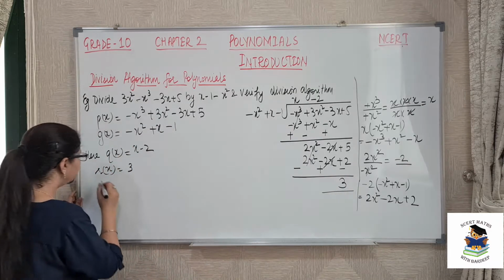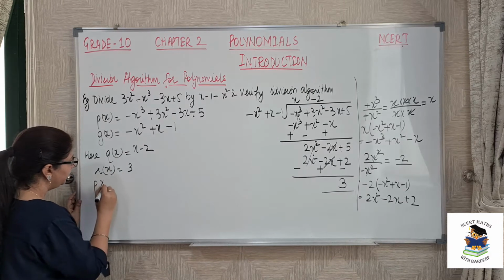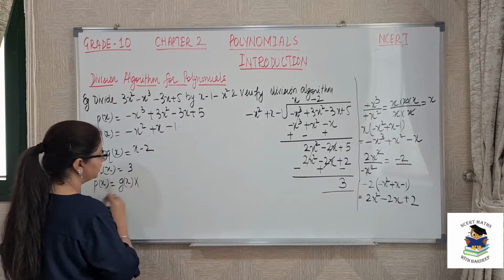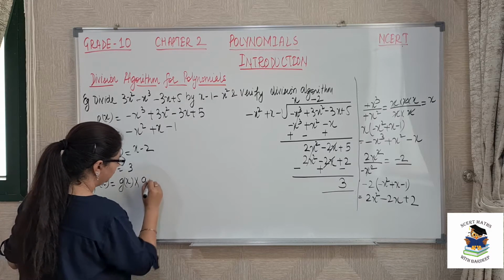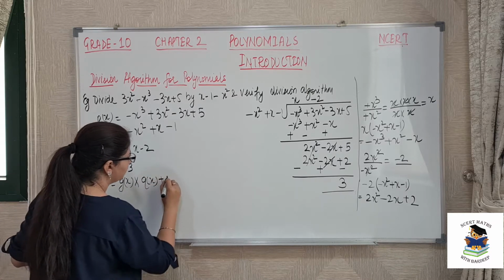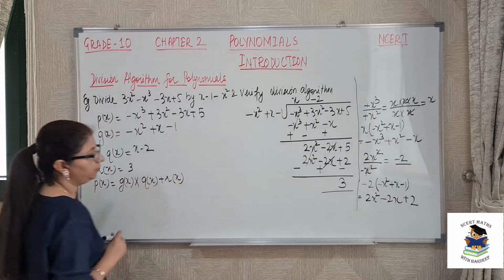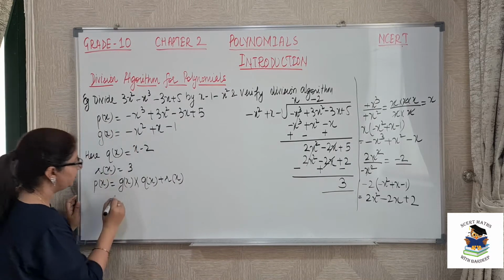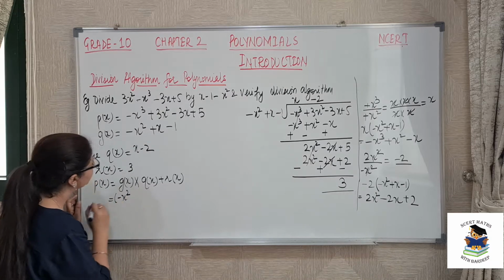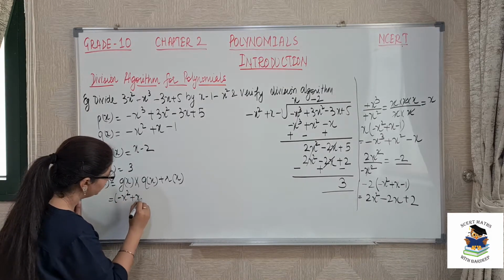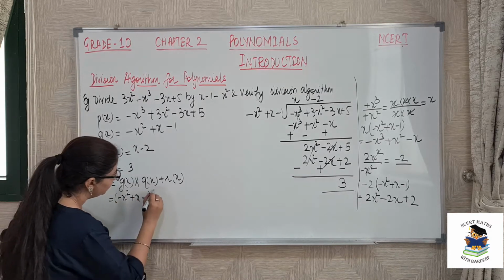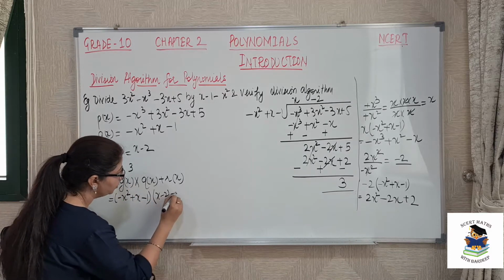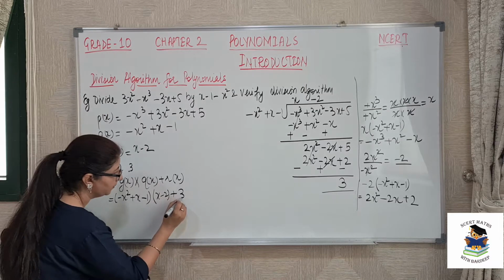So according to division algorithm, dividend should be equal to product of divisor with quotient plus remainder. Okay. So let's see. Gx is this part, that is minus x square plus x minus 1. It should be multiplied with qx, that is x minus 2, and remainder is 3.